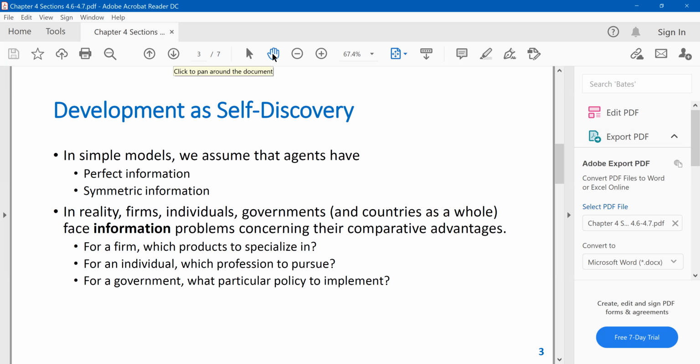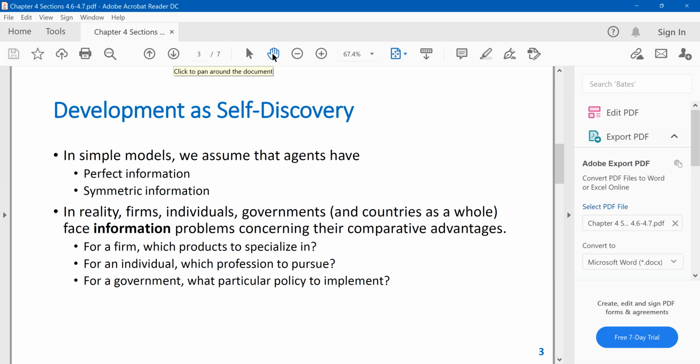In the very simple models, in most of the textbook stuff, we of course assume perfect information and symmetric information, right? So agents in the economy, be they households or firms or the government, everybody knows everything and there's symmetry, right?